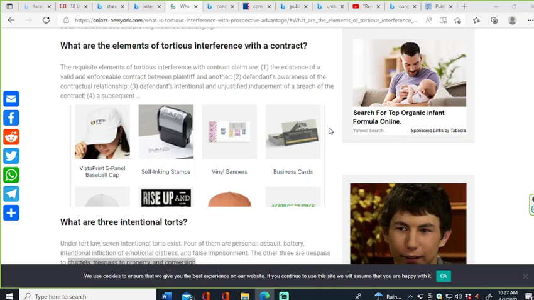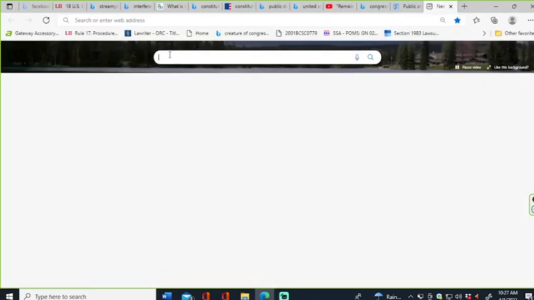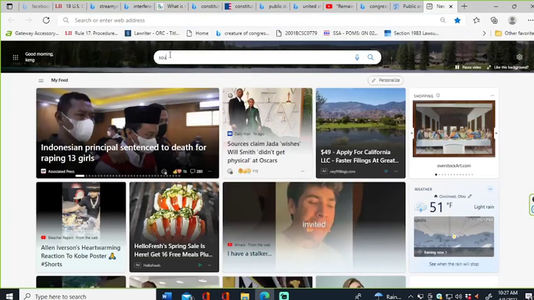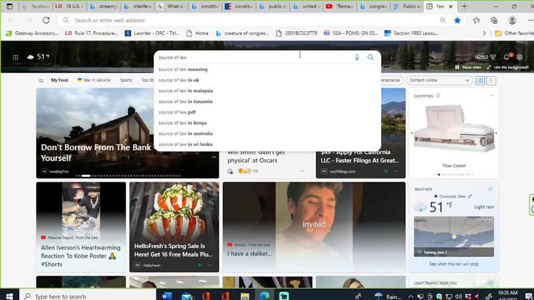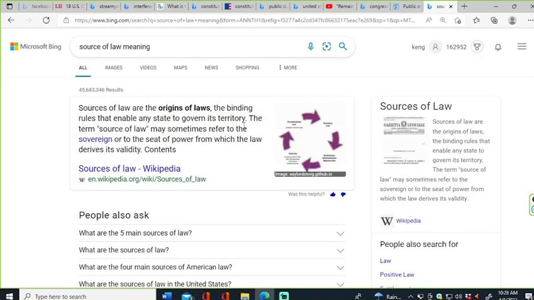So let's talk about the source of law, because I'm about to get out of here. Source of law are the origins of law, the binding rules that enable any state to govern its territory.